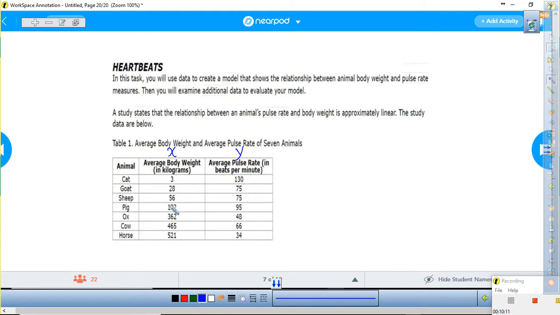Now, one thing to notice, though, on all the X values, who notices that all these numbers are what? Very good. They're different. What else do you notice? From least to greatest, what else do you notice? That they are all positive. Very good. Isn't 3 a positive number?